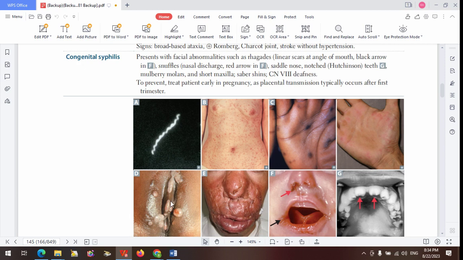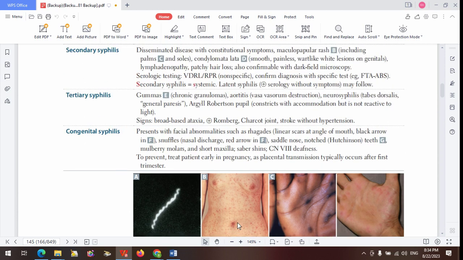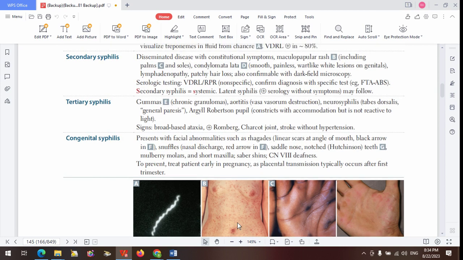You can see it affecting the labia majora already here, and the external part. So that is the condylomata lata.